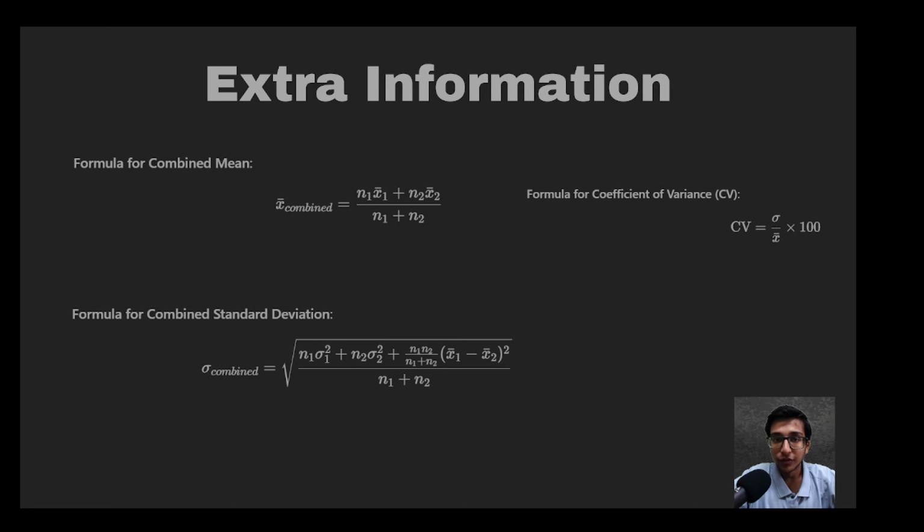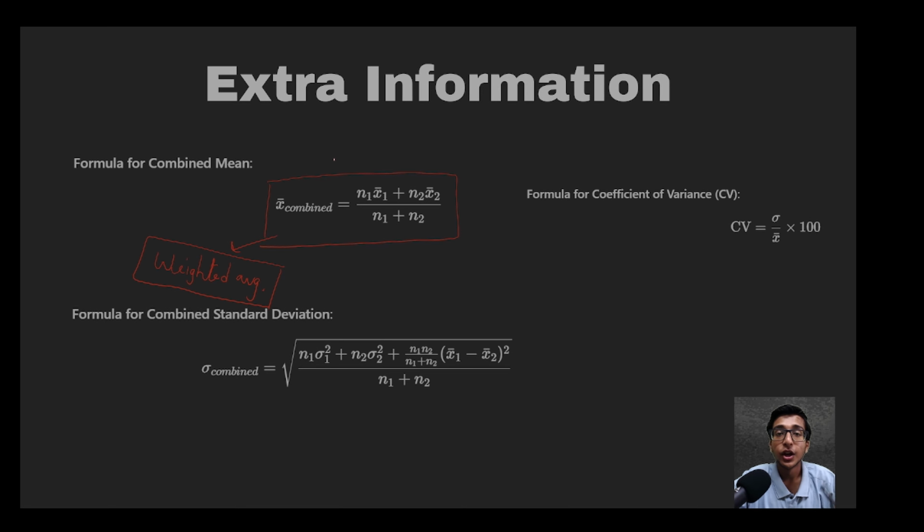Now that was all for dispersion. Now some extra information, and then we'll look at a trick through which you can easily solve your central tendency and dispersion questions. So this is a combined mean formula. This is also known as a weighted average. So what is this?